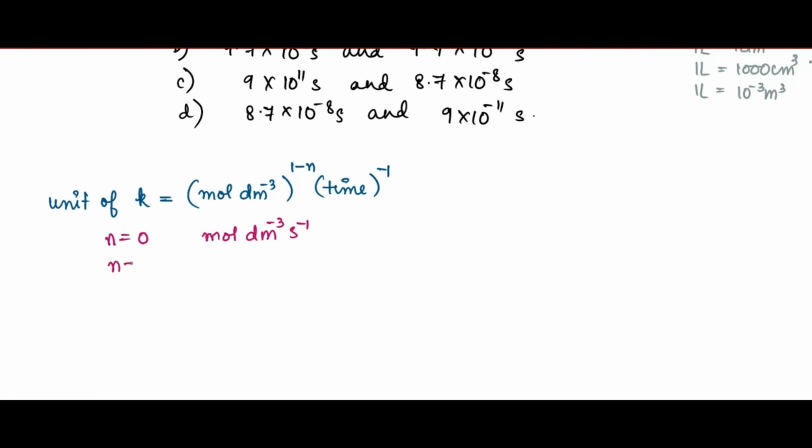If n is equal to 1, then 1 minus 1 is 0, and any number raised to 0 is 1, so you get only per second. If n is equal to 2, then 1 minus 2 is minus 1, so the unit becomes decimeter cube per mole per second.